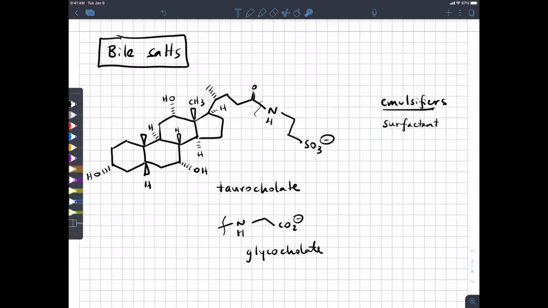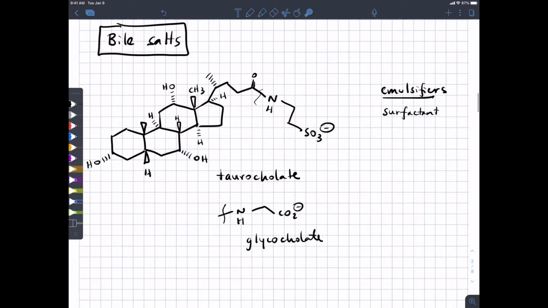It's an emulsifier or a surfactant. It's kind of like soap. It may not be apparent to you how that's the case until you imagine the A, B, C, and D rings as sort of a plate. The structure of that is a little more complicated. It's more curved, kind of like a claw.